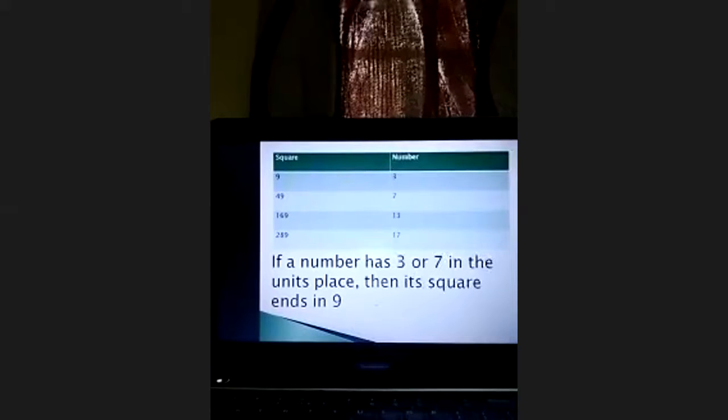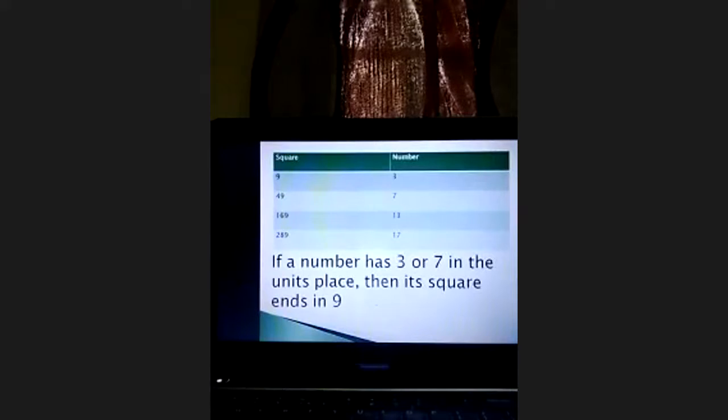Now, 17, square of 17 is 289. 17 की ones place पर है 7 और 17 के square के ones place पर है 9. All these square numbers are ending with 9 if the number is ending with either 3 or 7.